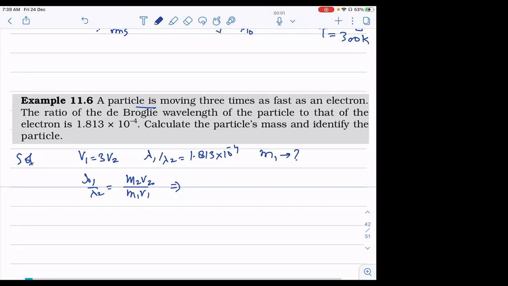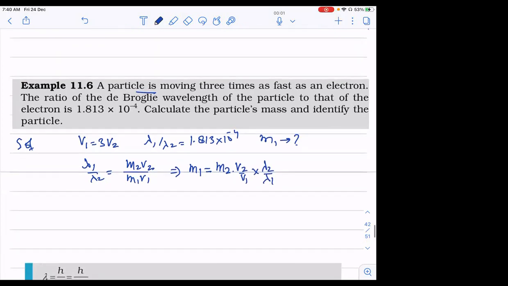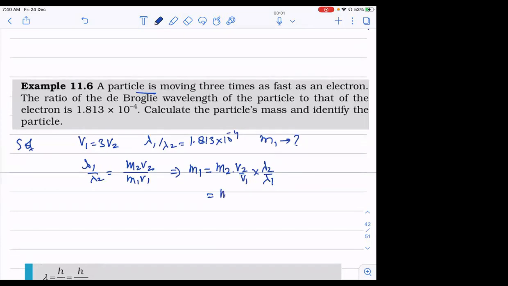M1 निकालना है ना. M2 इलेक्ट्रॉन का मास हो जाएगा ना. मास ऑफ इलेक्ट्रॉन.